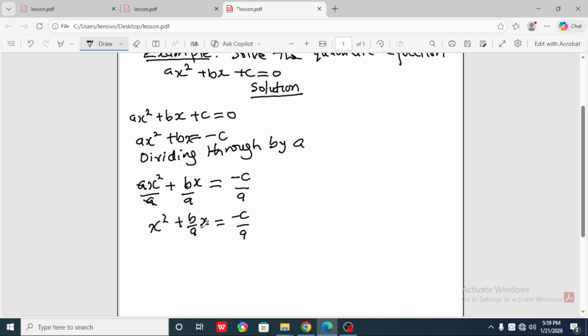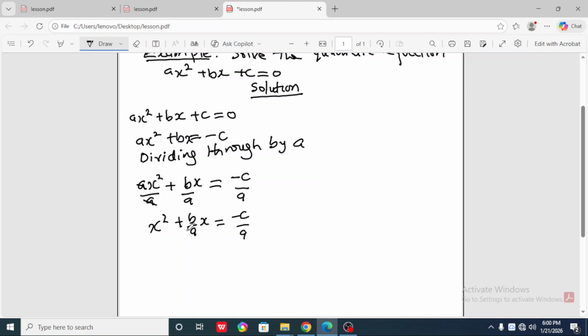So the next step that we are going to do, we are going to look at the coefficient of x, and do something to it. After we have ensured that the coefficient of x squared is 1, the next thing we consider is the coefficient of x, which is b over a. Whatever the coefficient of x is, we are going to divide it by 2, and whatever it gives us, we are going to square it.